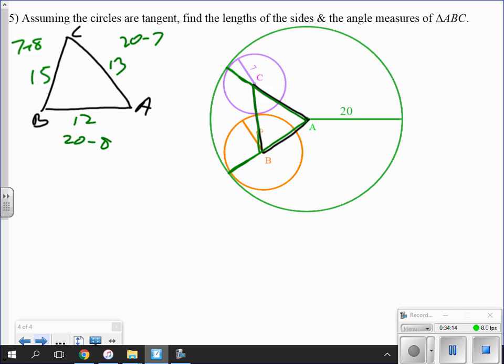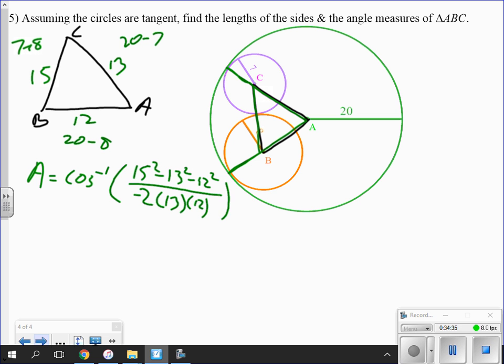A. Find the one opposite the biggest side, angle A. A is equal to the inverse cosine of 15 squared minus 13 squared minus 12 squared, all over negative 2 times 13 times 12. And you get angle A is equal to 73.6 degrees.